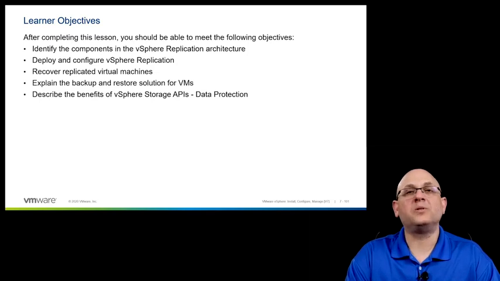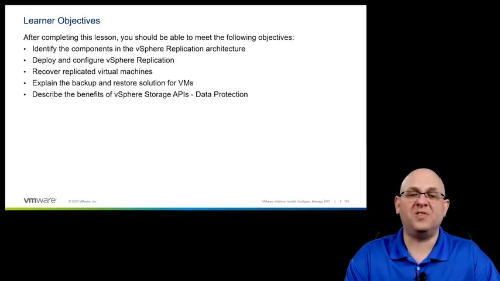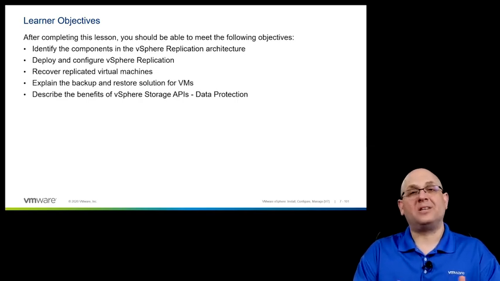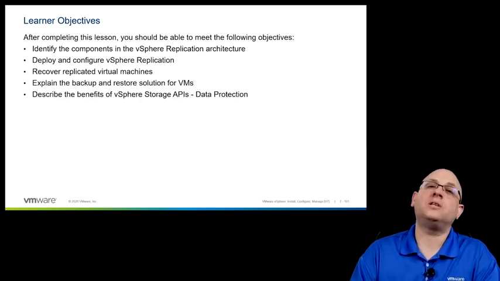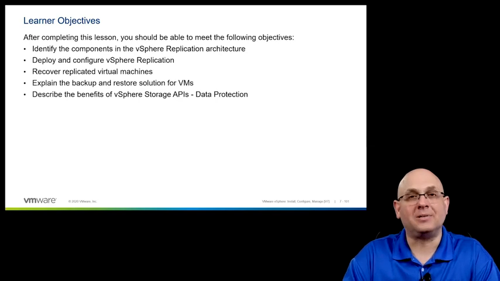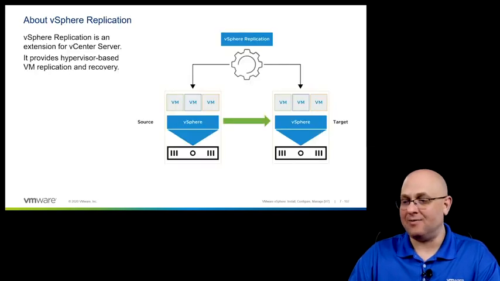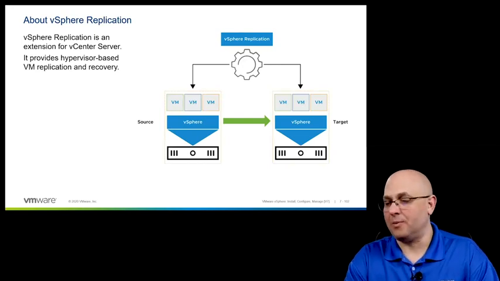And what we do is we hand this API to third-party vendors that build their own backup solutions to support VMware vSphere-based virtual machines. So we'll look at how that system works in general, and then we'll leave it to you to decide what type of backup solution then to implement in your environment. Let's dive right in and look at vSphere replication.